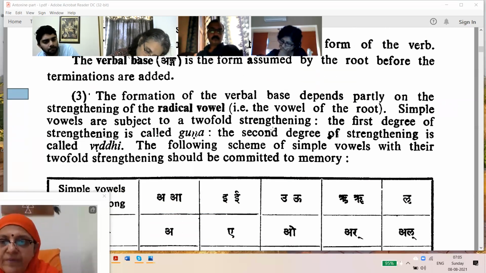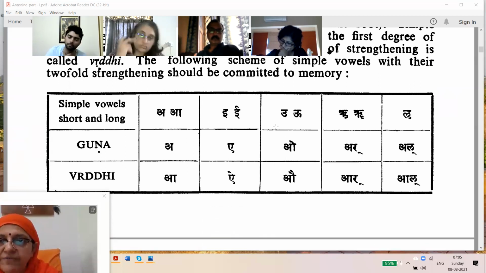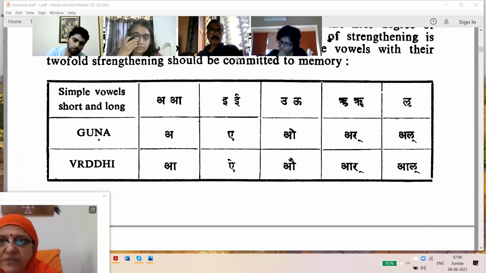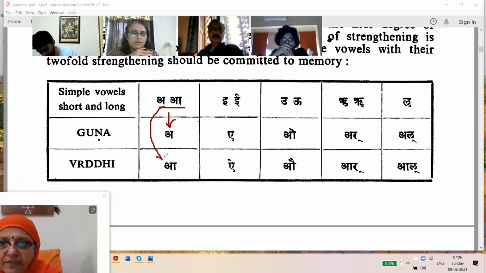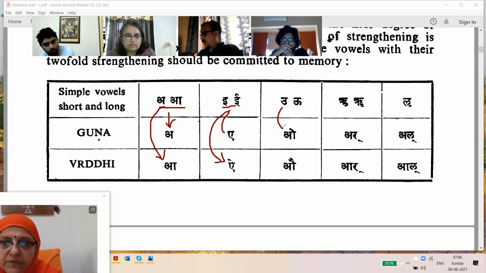And now they are explaining guna and vruddhi. Simple vowel, short and long. Guna of a and aa, what we have seen, is a. Vruddhi of a and aa is aa. Guna of i and ii is e. Vruddhi of i and ii is ai. Guna of u and uu is o.